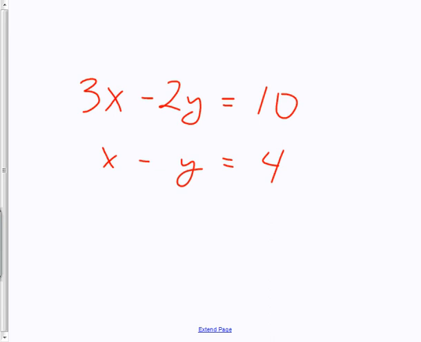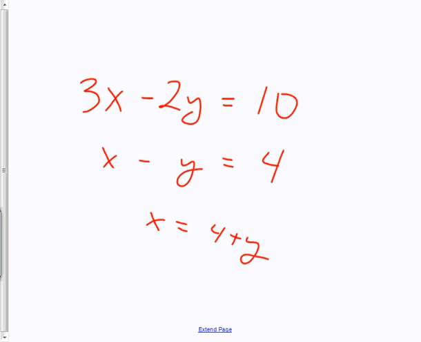We want to see where those two lines cross. Use substitution. Right now, wherever I see an x, I could put what? Well, I've got to solve it for x then. Yeah. x would equal 4 plus y, right? And now I can do that substitution thing.